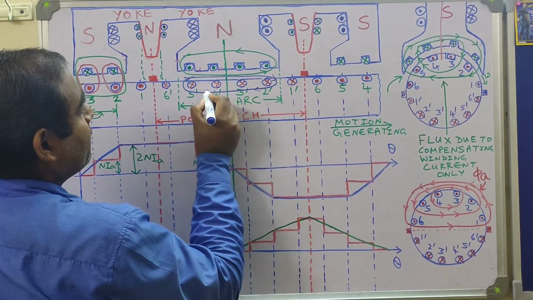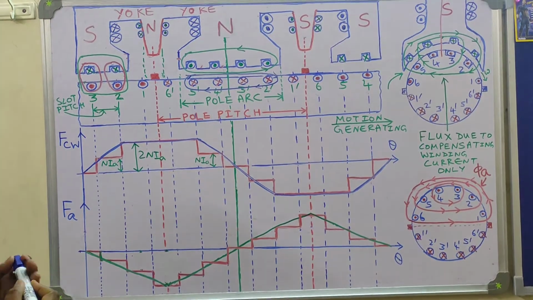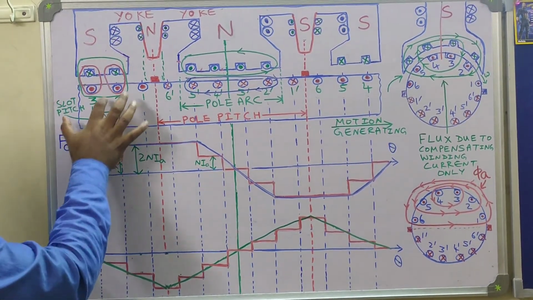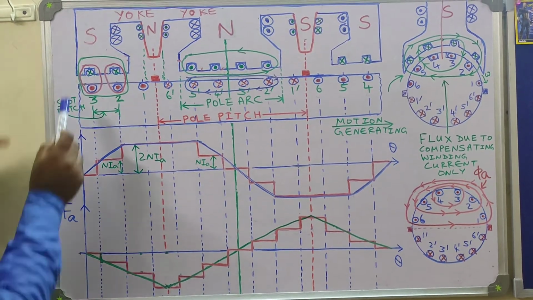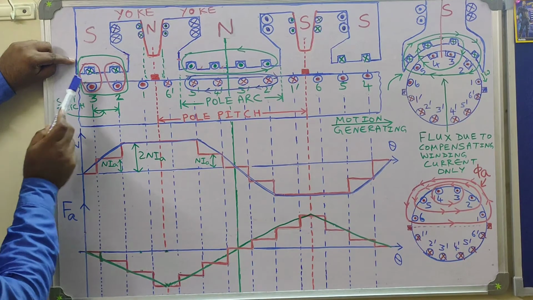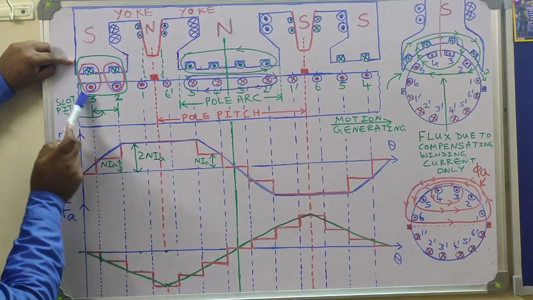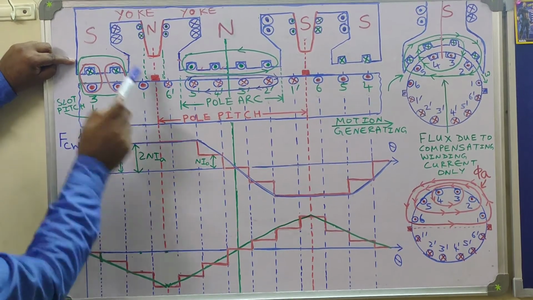So what do you find? Along the air gap periphery they can exist, but as far as the pole face is concerned, they cannot enter the pole face, because the net MMF acting along this path is 0.